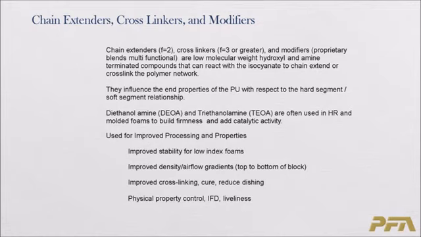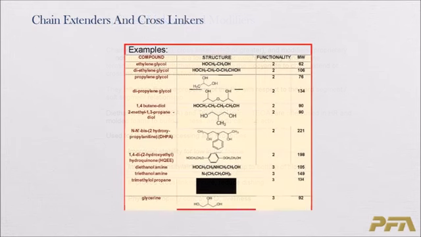Some of them you could be using to get better stability, and some of them are for having better density gradients from top to bottom of the foam. Some will give improved cure. Some are put in there to make a firmer or harder type of foam. There's a whole variety of them out there, and this is just a list of some of the common ones.